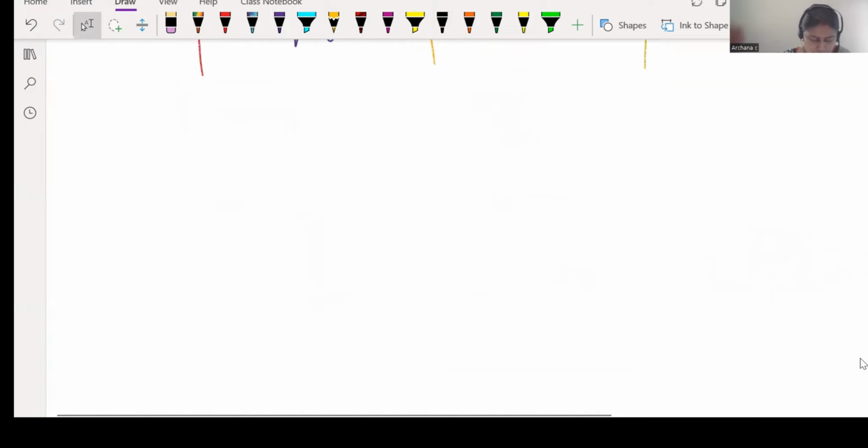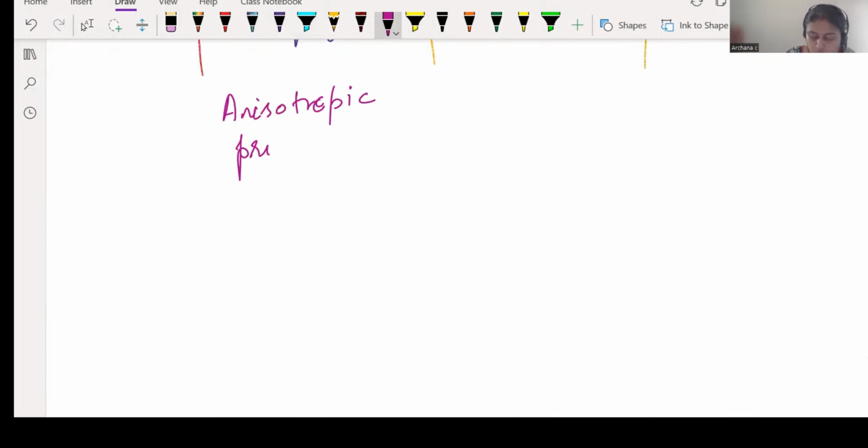Further, the crystalline solid have anisotropic property. What do we mean by this? And amorphous solids have isotropic properties.